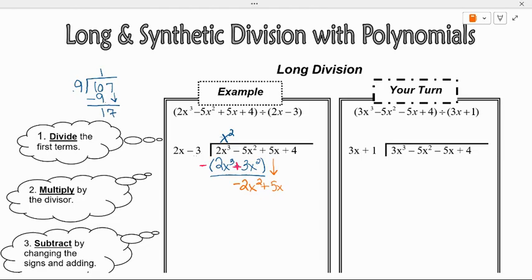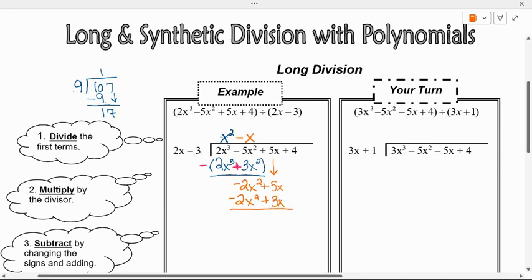2x times x is going to give me the 2x squared, but I also need to make it negative. So I'm going to multiply by a negative x. So negative x times 2x is negative 2x squared. And negative x times negative 3 is a positive 3x. But remember, we're actually subtracting these.